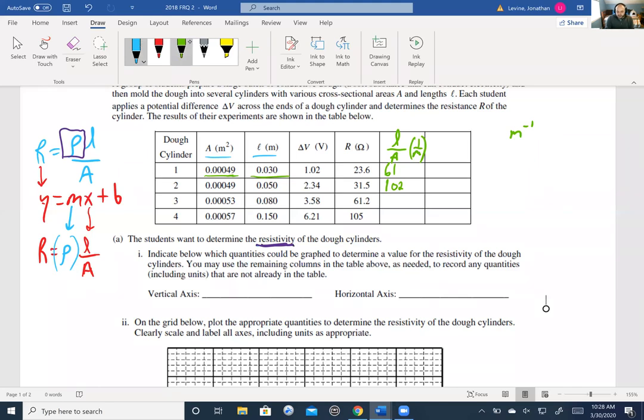This is the same cross-sectional area and the same length, but it has a different voltage. Why should that not concern you? Well, remember, R is equal to V over I. So by having a different voltage, a different current will run through it, which will then affect our resistance value. And that's why this resistance does not equal the other resistance up here, even though they have the same area and length measure.